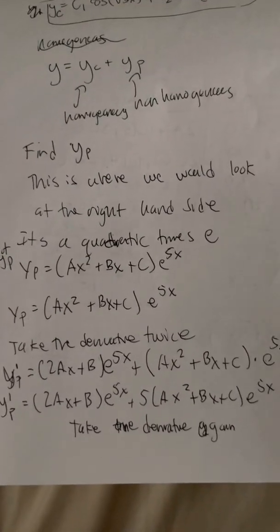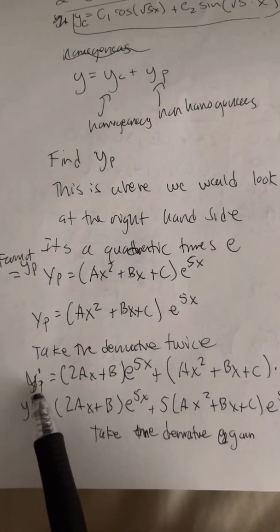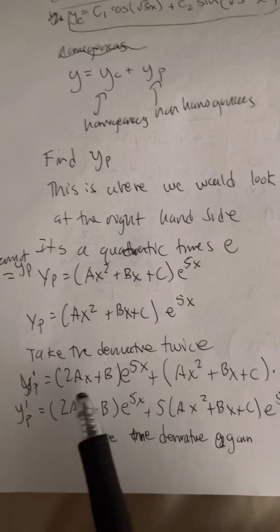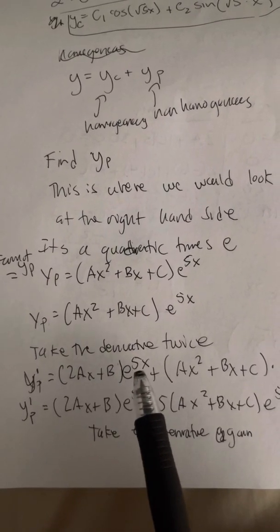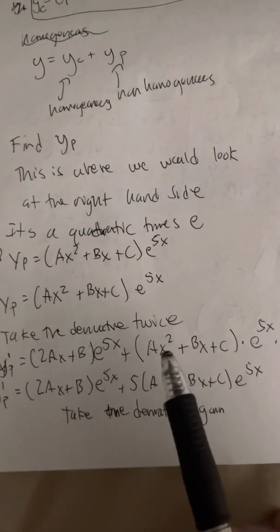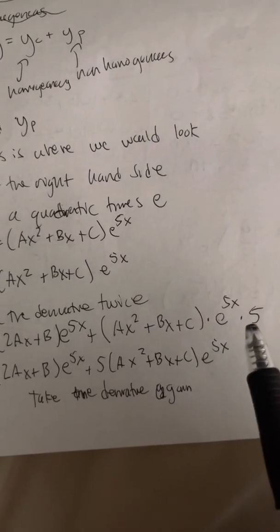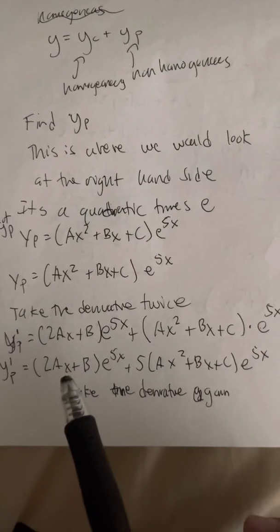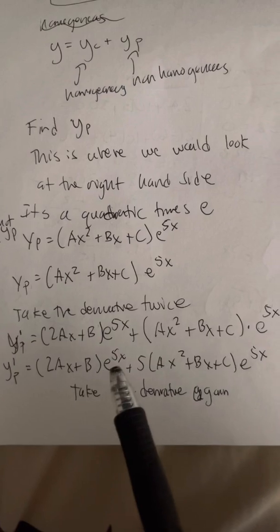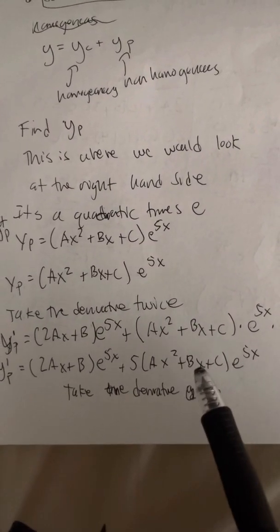So when I take the derivative, I will get 2ax plus b times e to the 5x plus ax squared plus bx plus c times e to the 5x times 5. To clean this up a little bit, we will get 2ax plus b times e to the 5x plus 5 times ax squared plus bx plus c times e to the 5x.